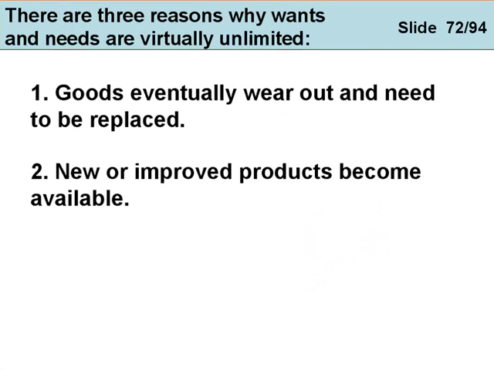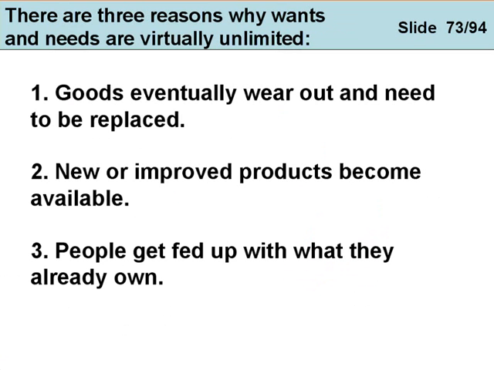You have an old bashed up television and you want to have a new modern super deluxe one with surround sound and so on and so on. As new things come on the market, we have a desire to get newness. Sometimes we just simply get fed up with old goods. We've had it for a long time and we just want to change.